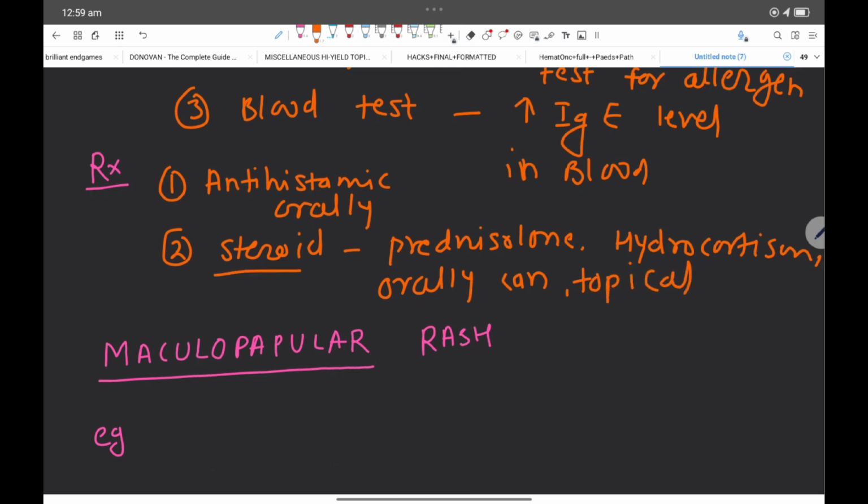Steroid also causes anti-inflammatory action, so it is beneficial.